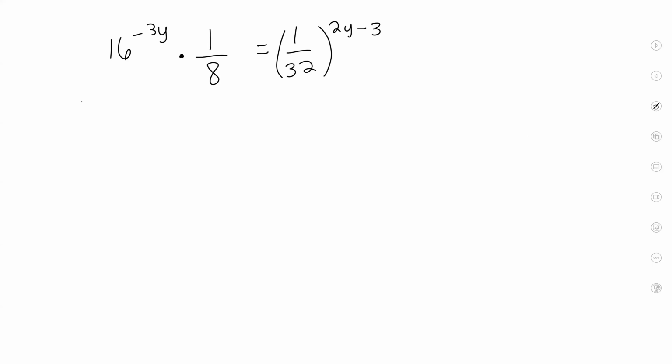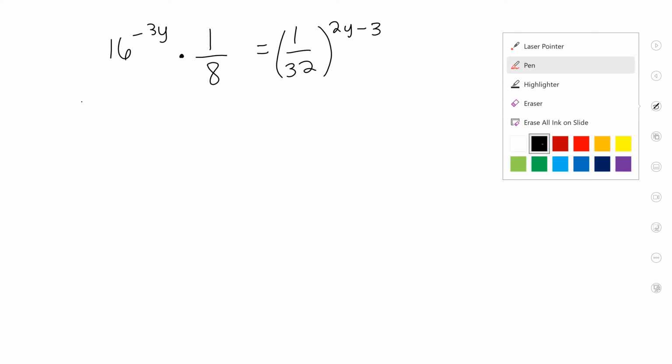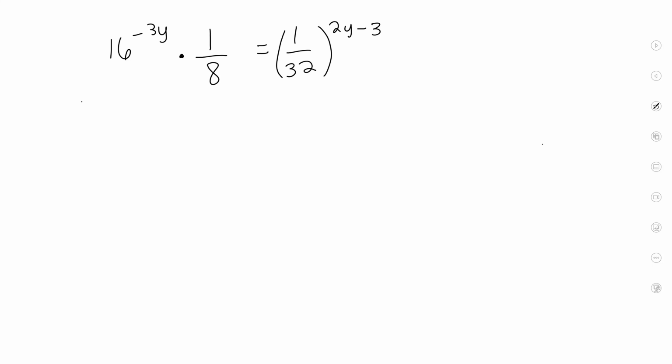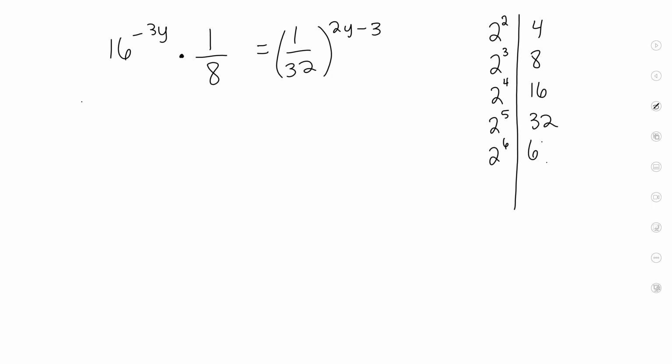Okay, so let's look at a more complicated one like this. Before we get started, I'm just going to make a table real quick for 2's. What is 2 to the power of 2? 2 to the power of 3, 2 to the power of 4, 2 to the power of 5. Good, and 2 to the power of 6 is 64.